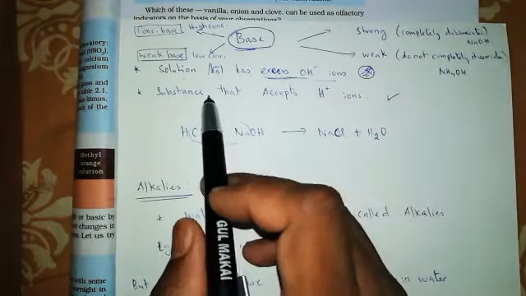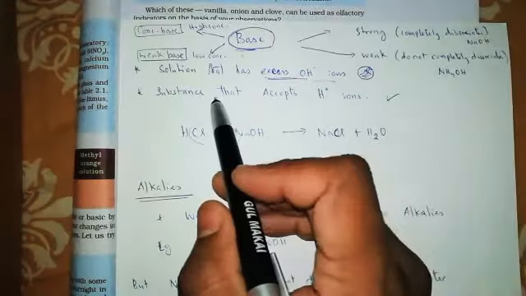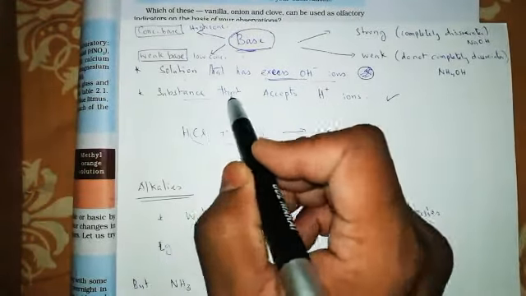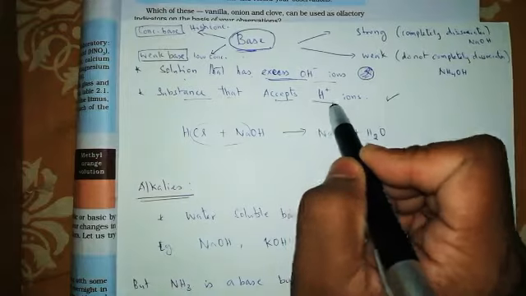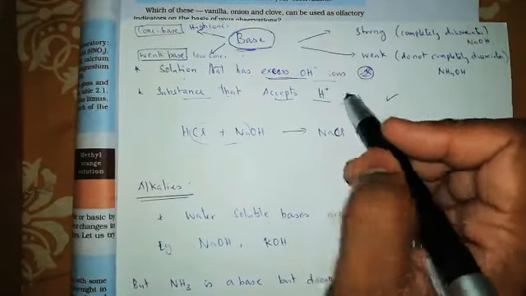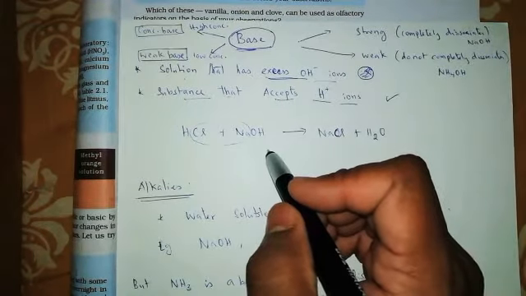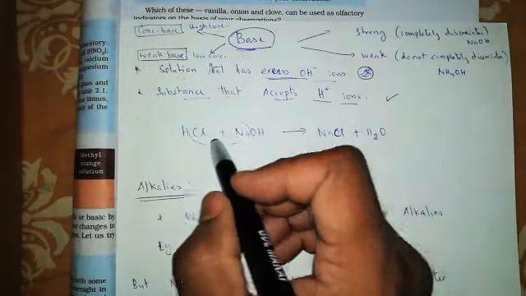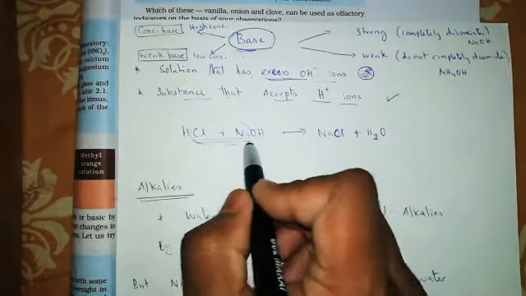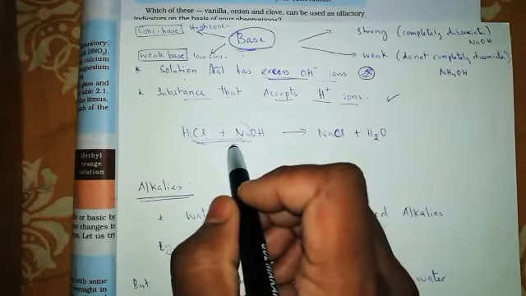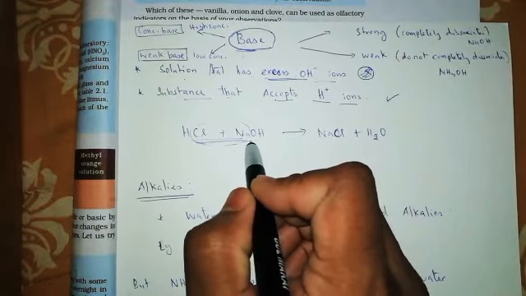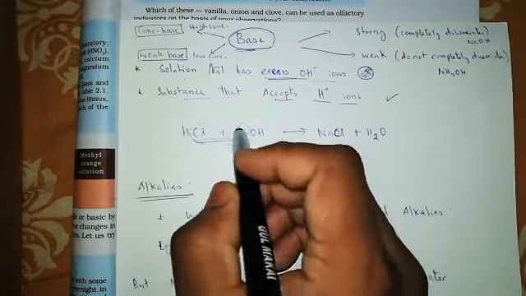Let's see what is another definition of a base. A substance that accepts H plus ions is also a base. If I take an example of this, this is one neutralization reaction. What this base is doing, you can just look at it.